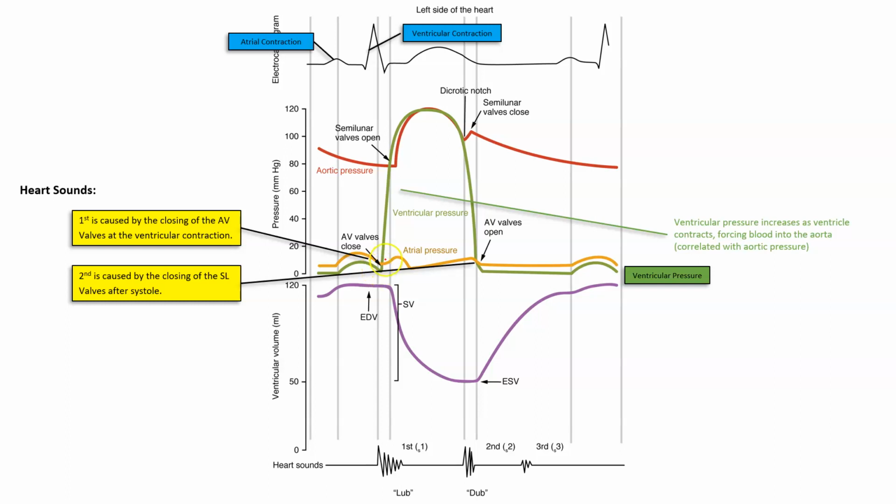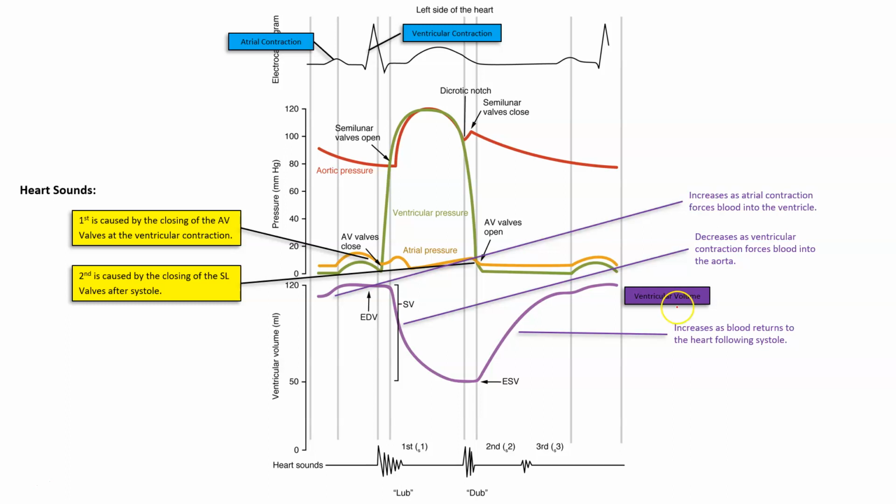But then when the ventricle contracts, which is slightly beyond the time when the atria contracts, the ventricular pressure increases substantially and therefore forces the blood into the aorta, because that's ultimately the vessel that leaves the heart, that takes the volume of blood that the ventricle had in it.